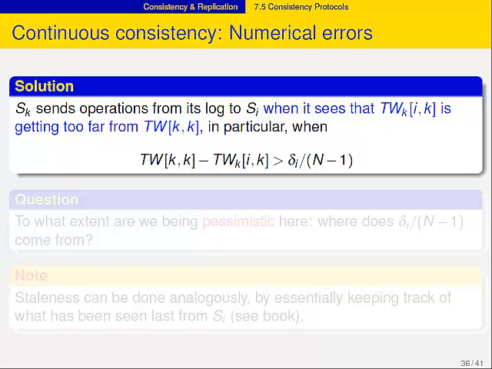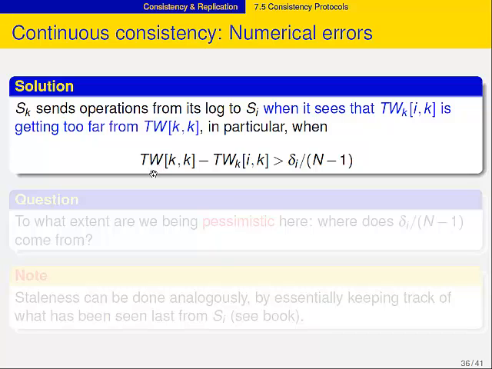Now, what will save the day? Server S_K will send operations from its log to S_I when it sees that TW[K][I][J] is getting too far from TW[K][K].